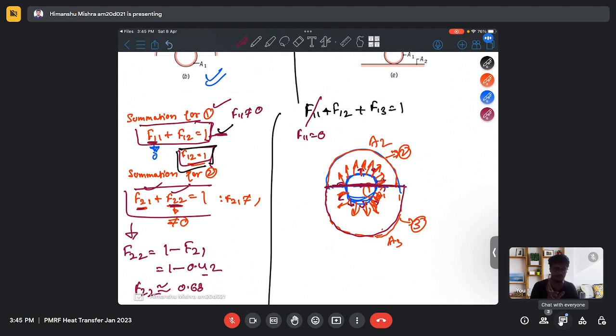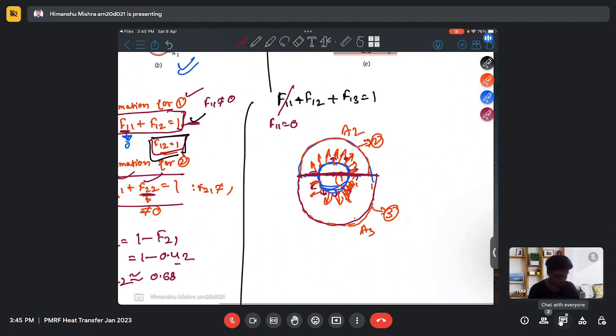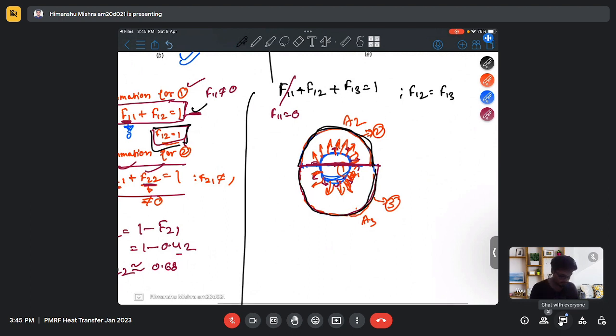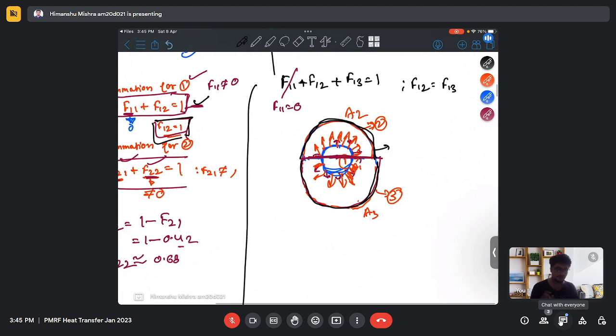hemispherical surface. And because of this, we use the symmetry relation, that is F12 equals F13, which means 50% of the radiation will be received by surface 2, and 50% of the radiation will be received by surface 3. And this is only valid for this kind of arrangement. If you just move the surface 1 upside or downside, then this will not be true.